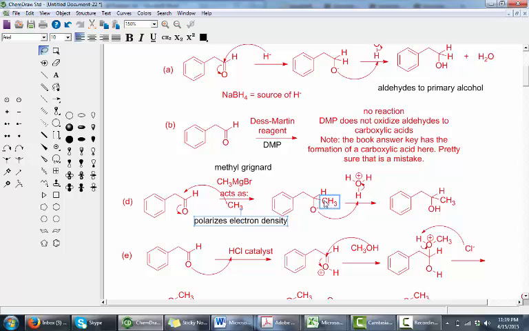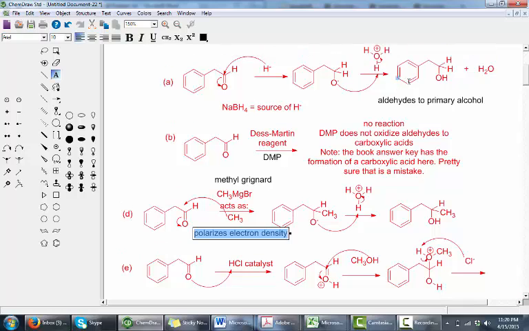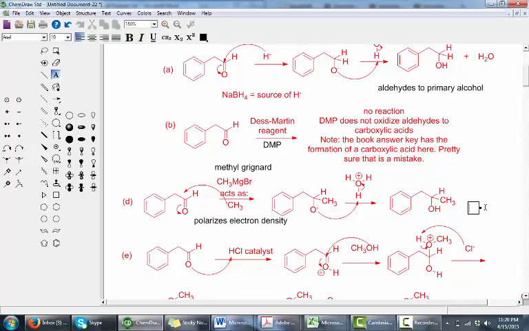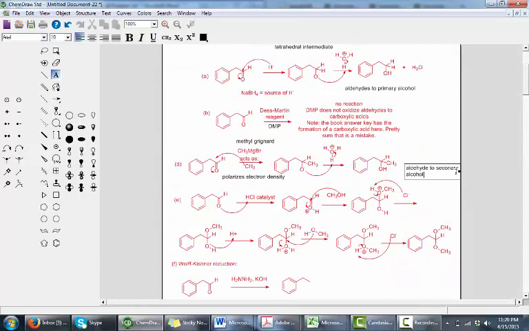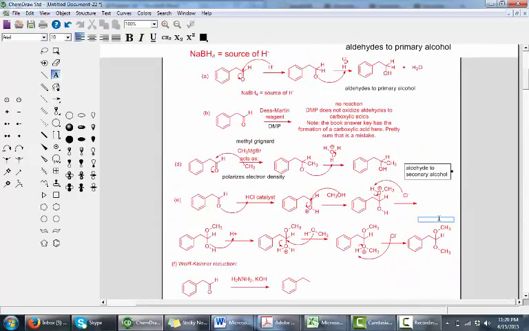Once again, I'm going to form my favorite tetrahedral intermediate with an O-. Here the methyl group has added. I pick up a proton from the H3O+ now in my separate step to form, in this case, a secondary alcohol. So in the NaBH4 case, for example, the H- gives us a primary alcohol, aldehyde to primary alcohol. When I take a Grignard reagent, the CH3-MgBr gives us an aldehyde to secondary alcohol through the addition of that methyl reagent.